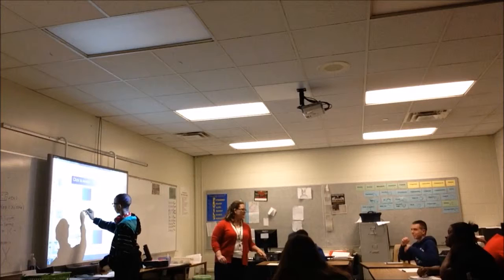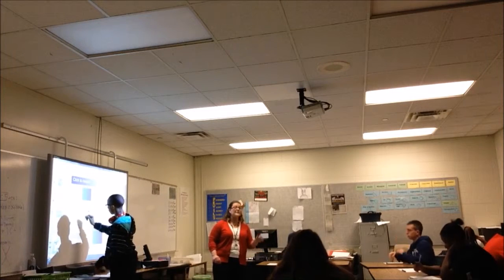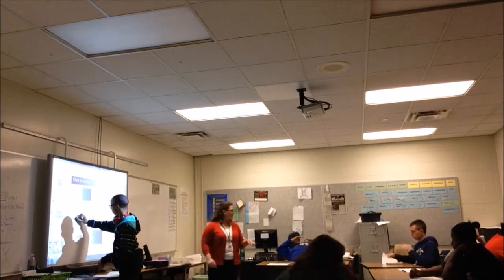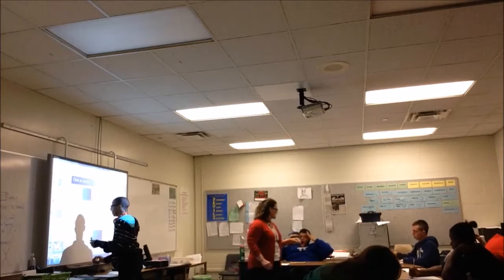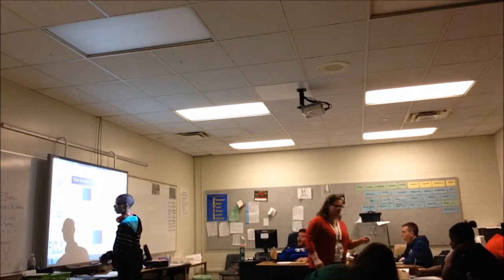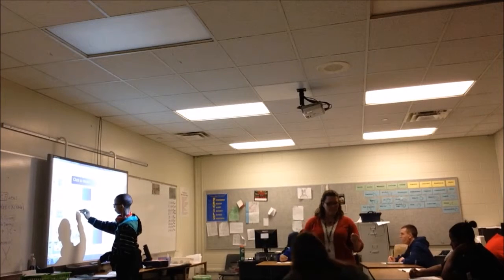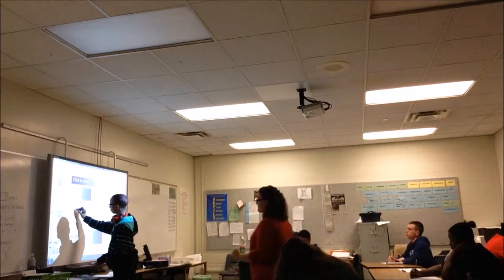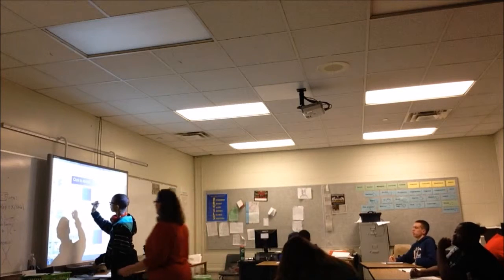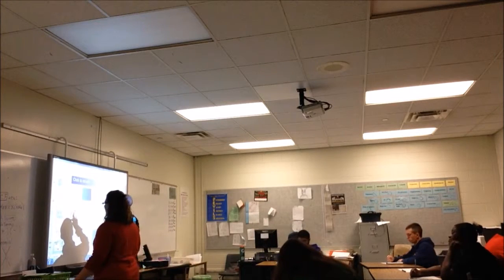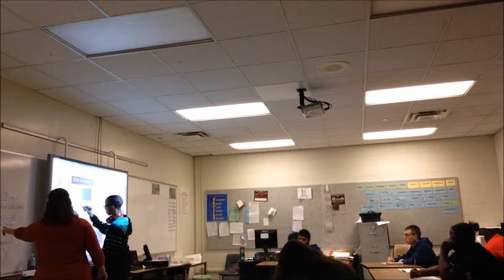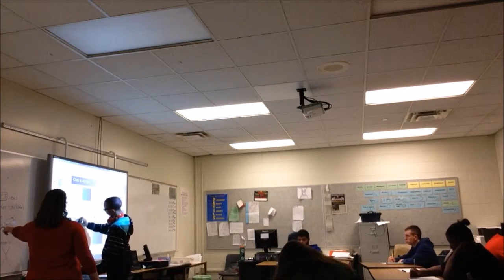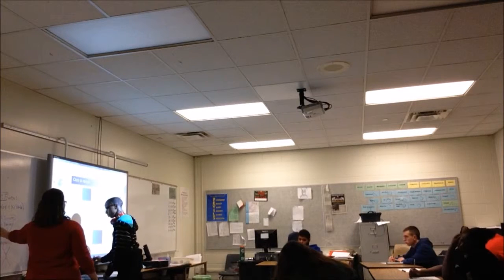Everybody, while he's doing this, write on your paper what you think the solution is. How many terms do we have? 2. So over here, what do we do when we have 2 terms?